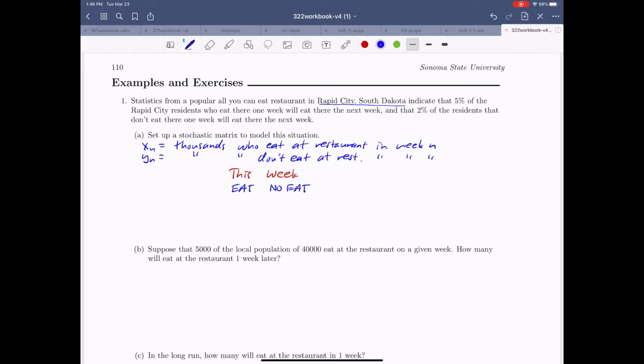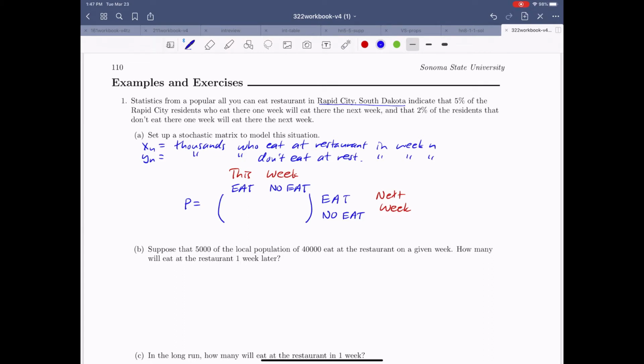And then we'll do the same thing for the next week. Here's our two categories of eating there or not eating there. And we'll call our stochastic matrix that we're trying to figure out P, and then we'll see what the numbers are that are transitioning us between the categories.